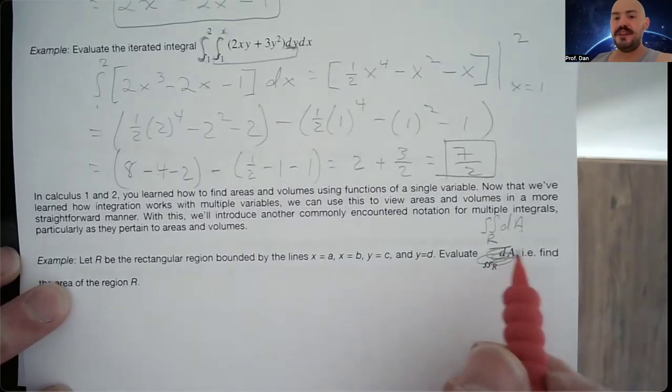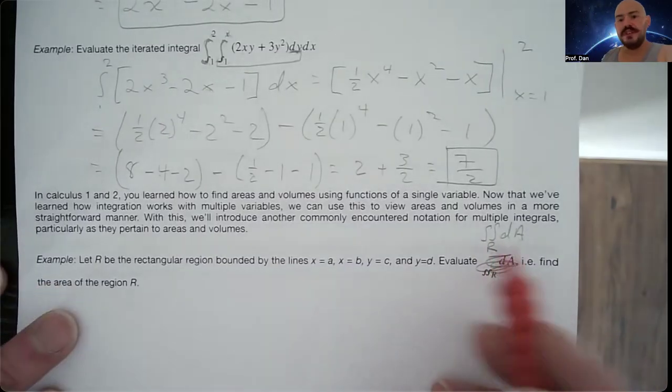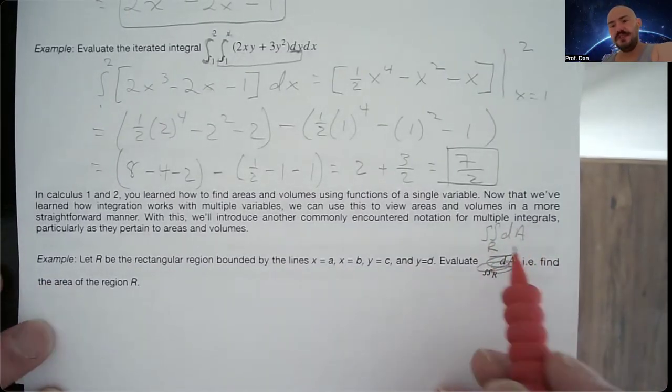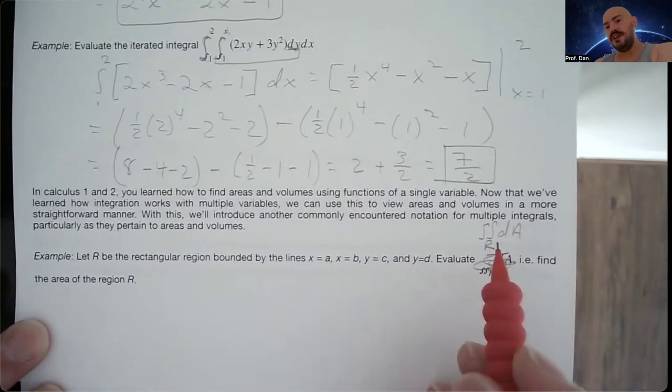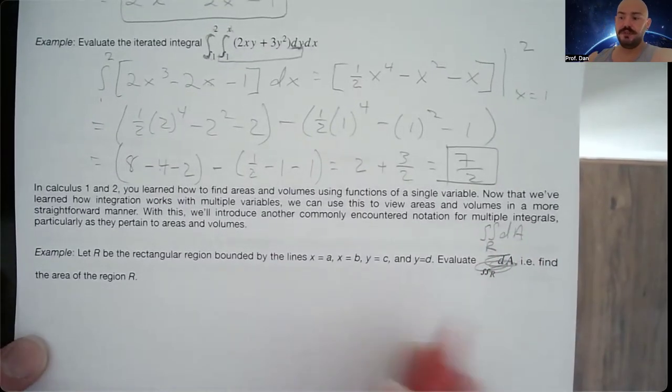It doesn't assume any order, which is why it's a good shorthand, right? But this is generally a notation that you can use to find area of a region using a double integral.